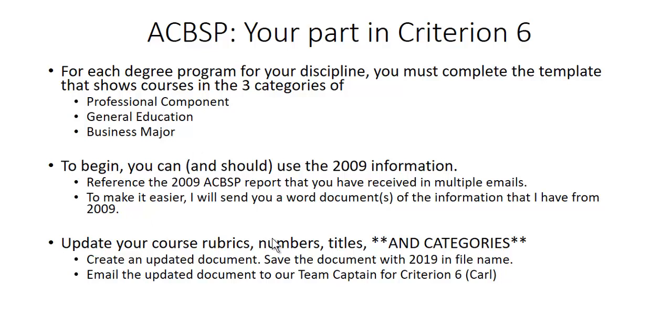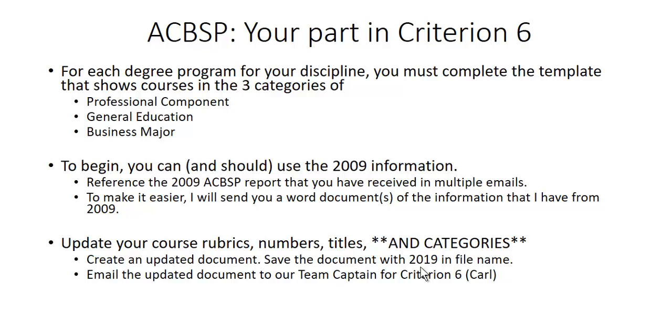All right, so what are you going to do? I'm going to send you the 2009 template. You are going to save it with a very meaningful name. Folks, this is important. ACBSP requires working with a lot of files, and so it becomes overwhelming if they are not named in a way that allows them to be easily recognizable.